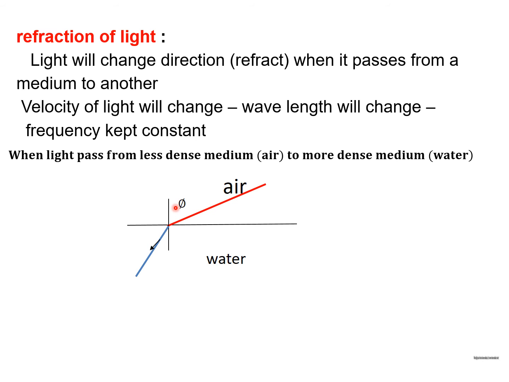Angle of incidence is the angle between normal of reflection and the incident ray is called phi. Angle of refraction theta, الانجل between refracted ray and normal of reflection. يبقى لما الray falls from less dense medium like air to water, it will refract like that.